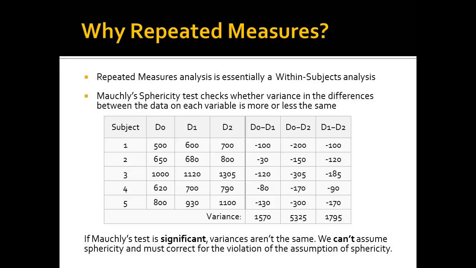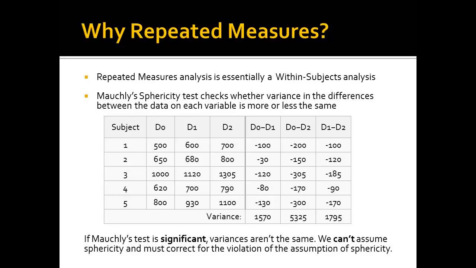There's also something called sphericity. Sphericity is tested using Mauchly's test of sphericity, which is automatically produced for us in the output by SPSS. Sphericity refers to the variance of the differences between the measured data on each variable. Now we can compute the variance between the response times for distance 0 and distance 1, for example, as well as between distance 1 and distance 2, and so on.